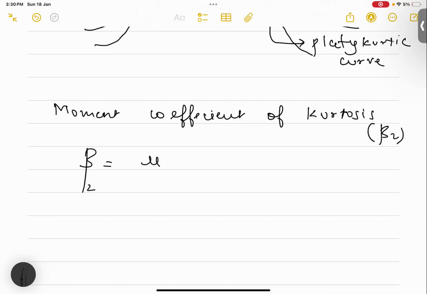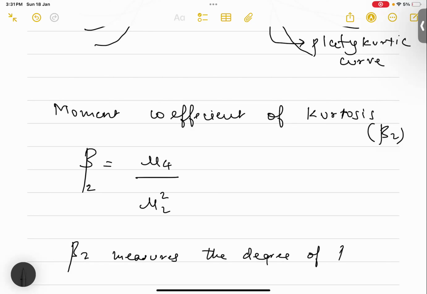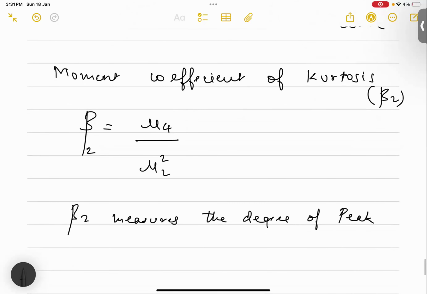Beta 2 is equal to mu 4, the fourth central moment, upon mu 2 square. Beta 2 measures the degree of the peak.